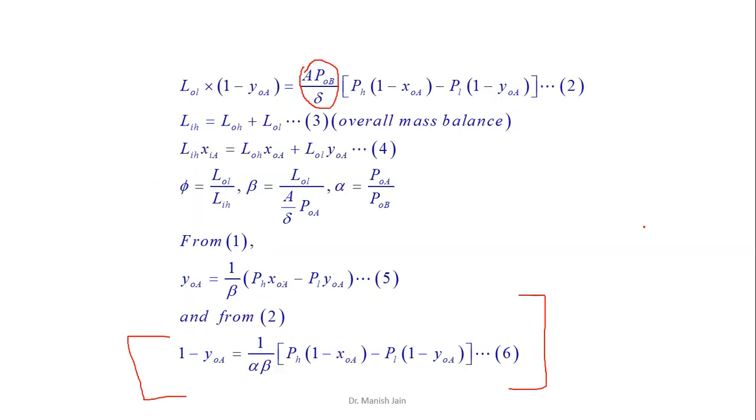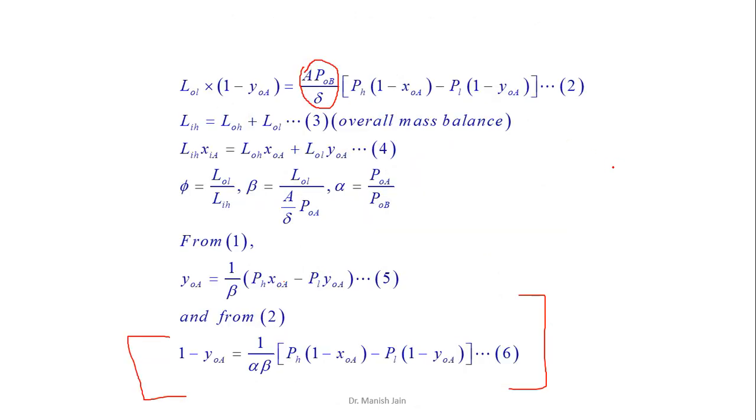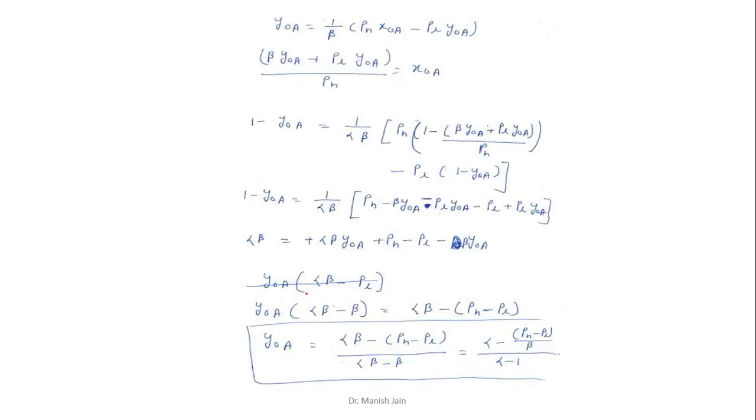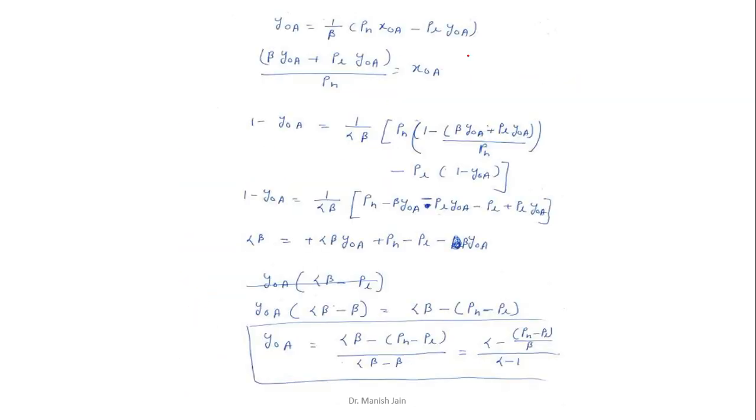So you have to eliminate these two terms. So we determine the value of YOA from these two equations. This is the derivation. We just rearrange this equation in terms of YOA. So YOA will become 1 minus beta PH XOA minus, this is the YOA equation, equation 5. This is the same equation.